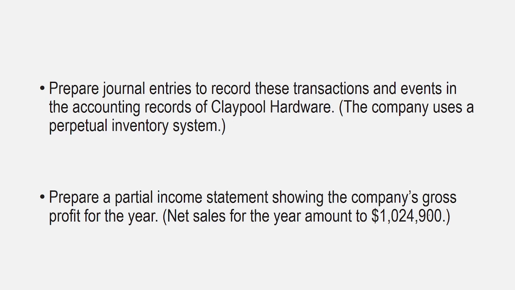In the second task, to calculate the gross profit, we will use the given data and prepare a partial income statement to calculate the gross profit. Our information shows that the net sales for the year equal 1,024,900.